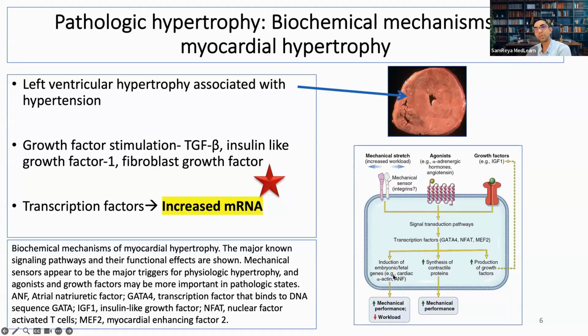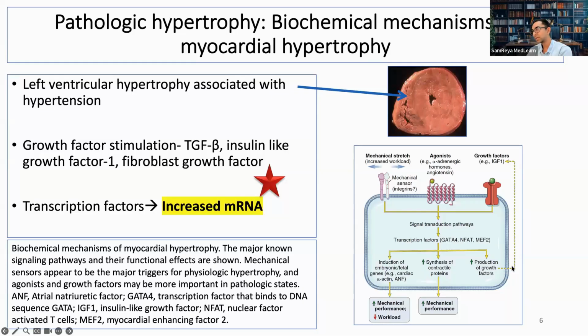What type of protein is being made in the cell? As you see, there is another signal shown here on the surface of the cell, with alpha adrenergic hormones or through angiotensin. So this is another sort of receptor shown on the cell wall here. Again, it helps in activation of these same signal transduction pathways. And all of this leads to protein production, but also leads to production of more growth factors.